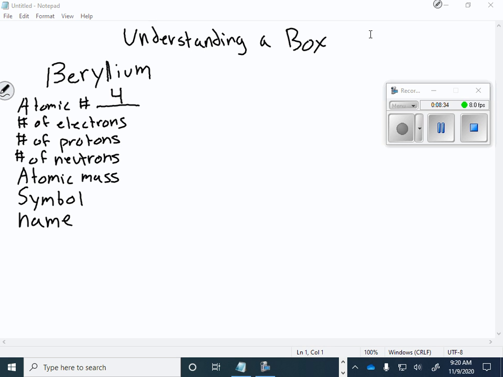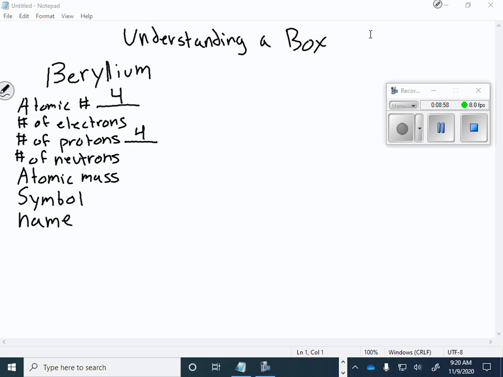All right, so we know that beryllium's atomic number is 4 because that is the number on the top of the box. The next easiest thing is to remember that the atomic number is equal to how many protons that element has. So the number of protons is 4.